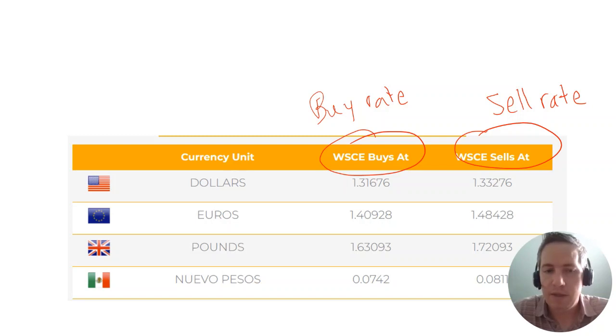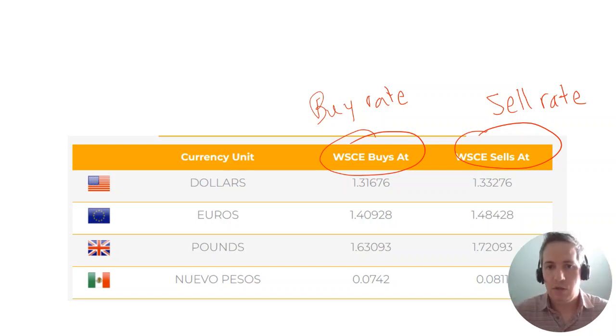So when you go into Canada, if you were to take your US dollars, you would sell your US dollars to Canada or to the Windsor Currency Exchange. If you were to take Canadian, which is the actual currency there, then you would be buying the currency back.